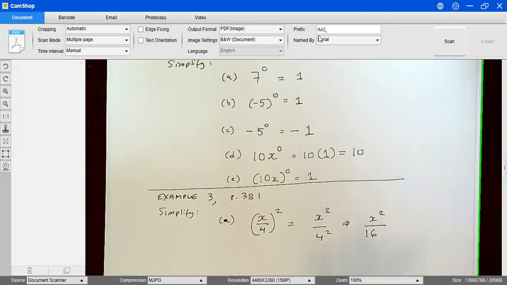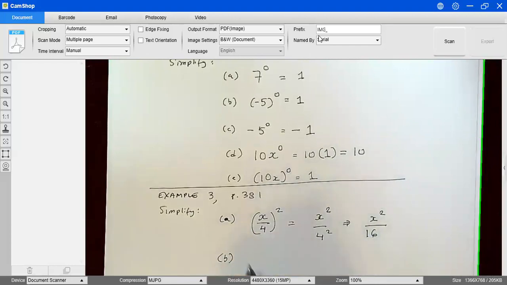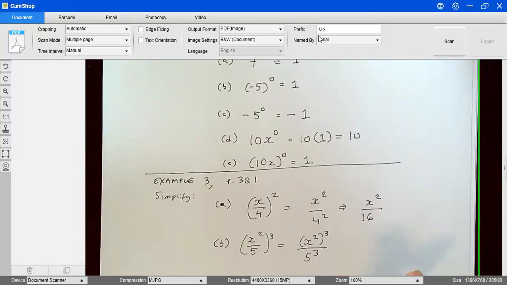Then I have another case. So now I have x squared over 5 to the 3rd power. So here I'm going to break the base and you're going to get x squared to the 3rd power and 5 to the 3rd power.